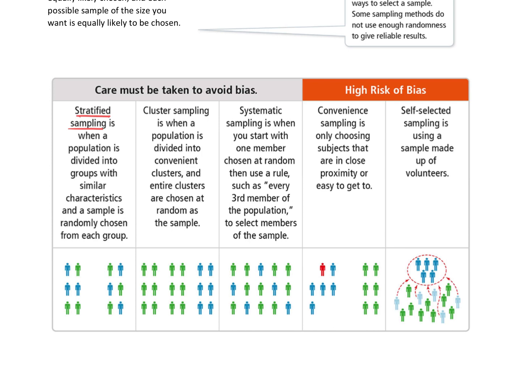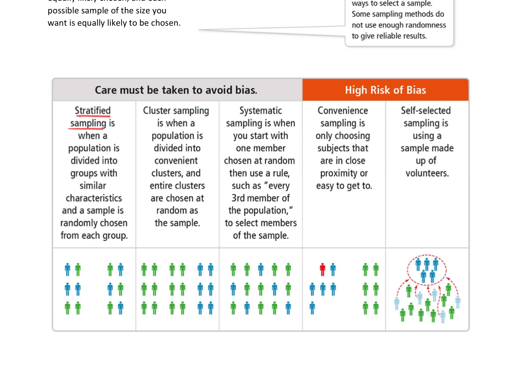So what's happening with stratified sampling is the population is divided into groups with similar characteristics, and then a sample is randomly chosen from each group. So we would choose this blue person, this blue person, this blue person randomly. From this other group, we would choose this blue person, this blue person, this blue person.